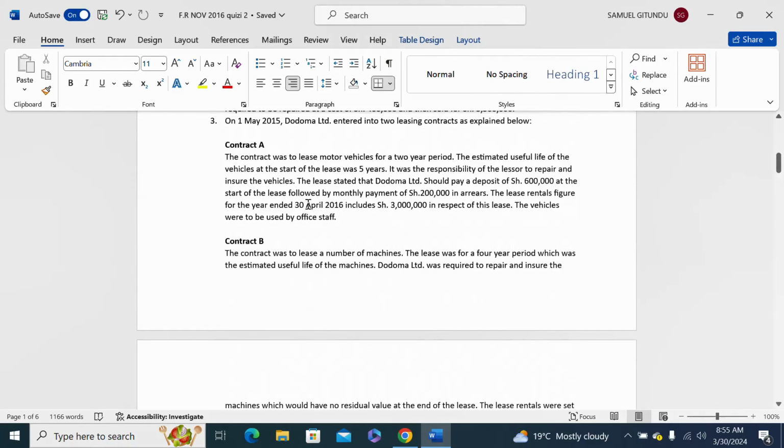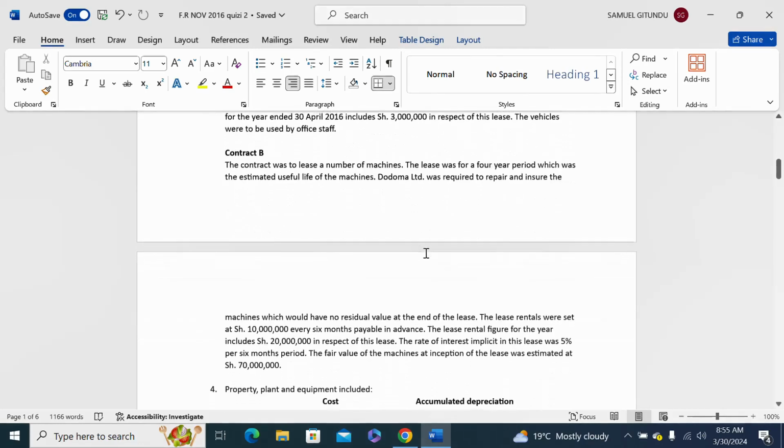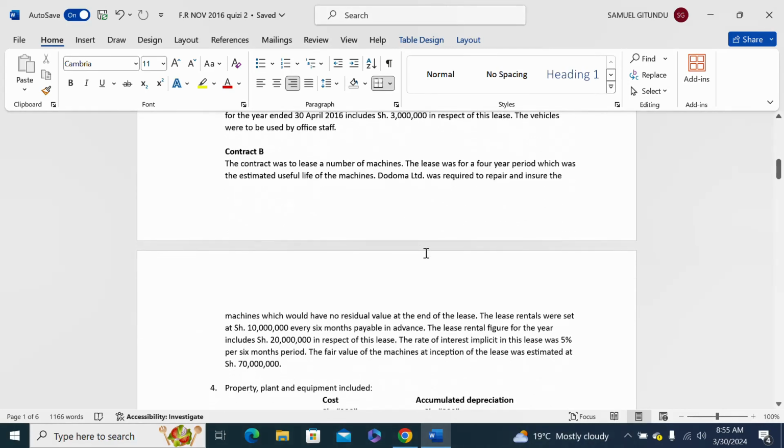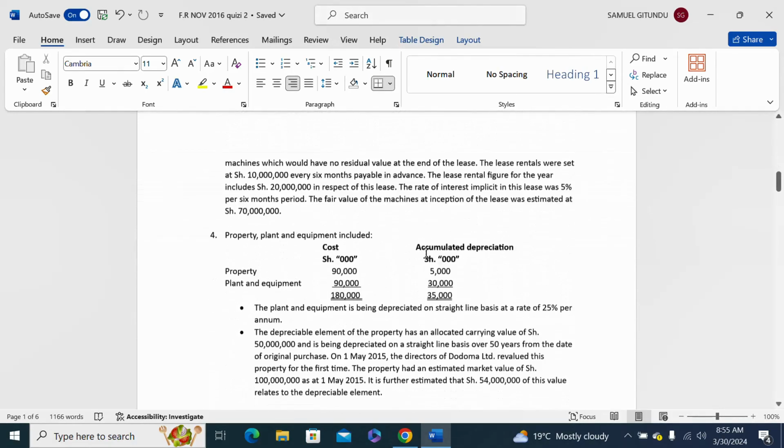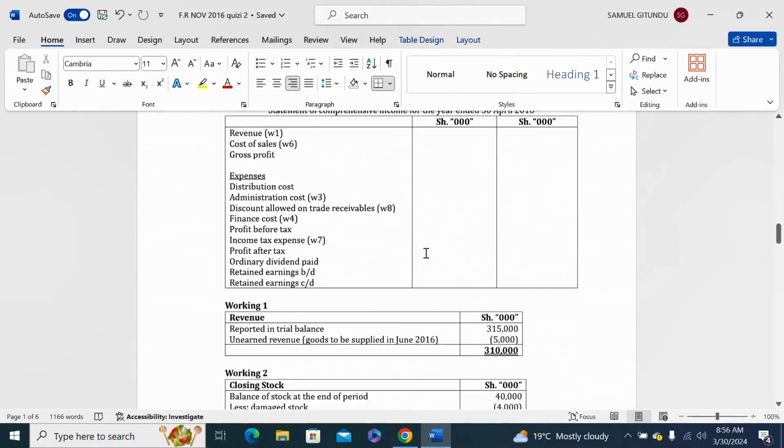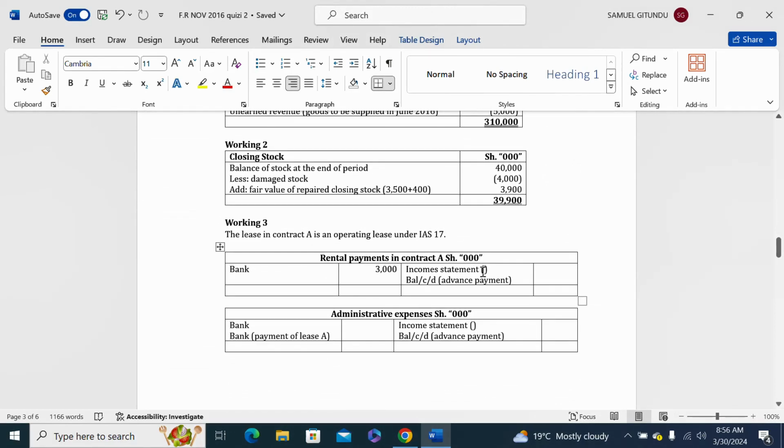Then the monthly payment is 200,000. Therefore, the monthly payment which you are going to take into the income statement is 200,000.